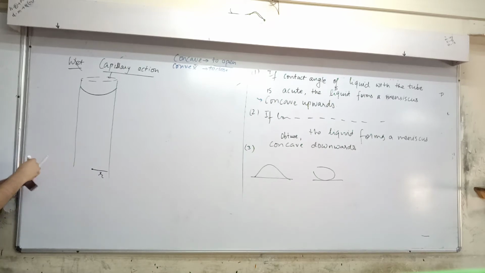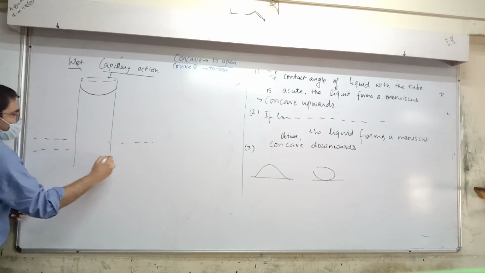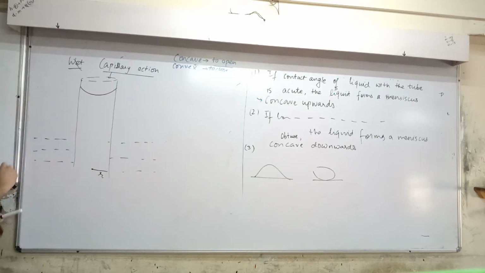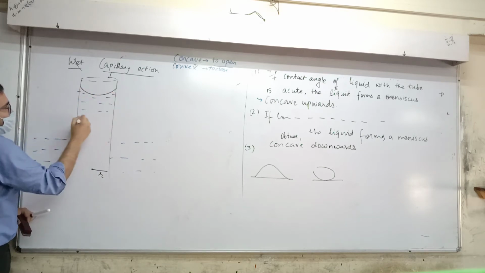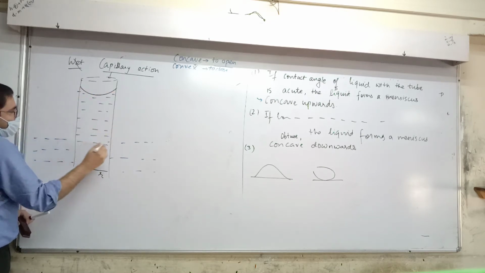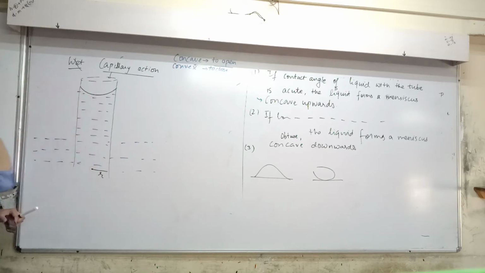Suppose outside the fluid is still at this level only, but here, of course, there is fluid because it has risen. Did you understand what I am saying? I'm already proud of my diagram.